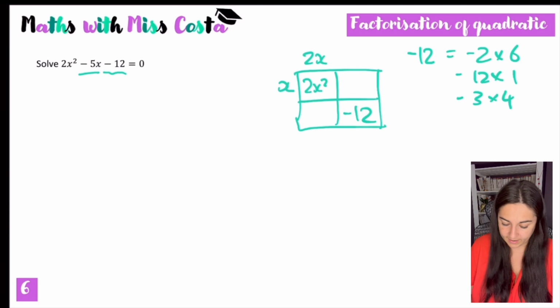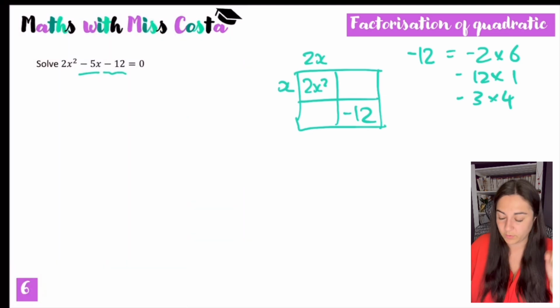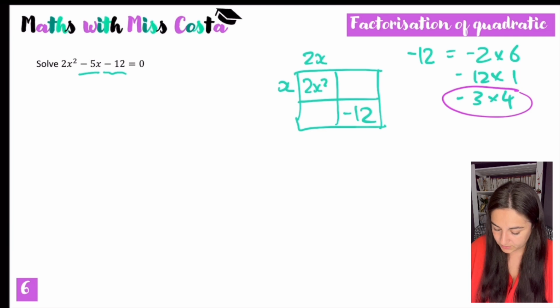Well, let's have a try. So the beauty of this method is that you can just draw them out, put them in pencil, rub them out. So let's have a think. 2 lots of something, well, maybe I'm going to try this. So 2 times by 4, and actually I'm going to try negative 4 because it needs to become negative 5. So 2 times negative 4 is negative 8x, and 2 times x times 3 is 3x.